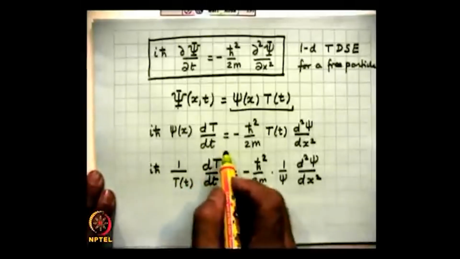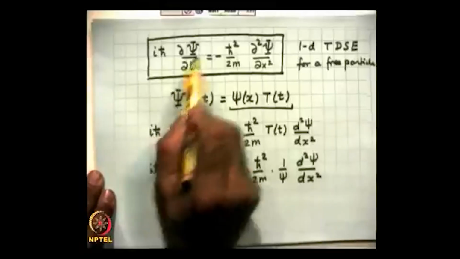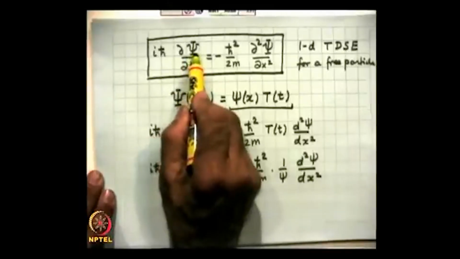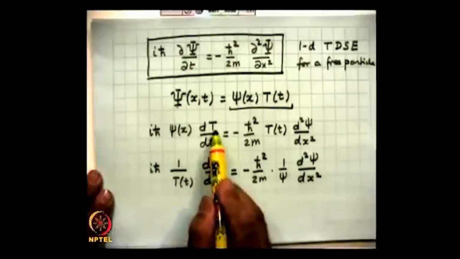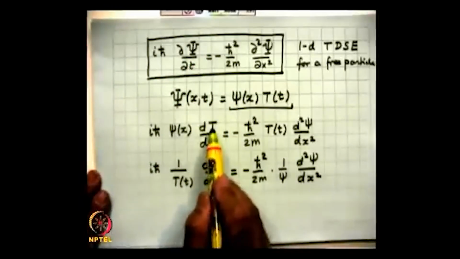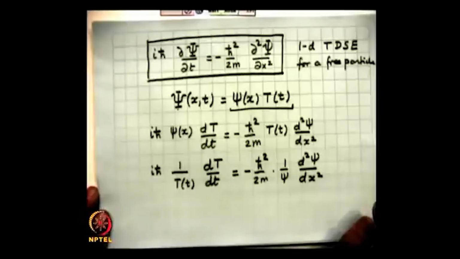You must realize that in this equation we have partial differentials, because capital psi is a function of x and time, whereas in this equation I am considering the differential of a time dependent function. So, the partial differential is represented by a total differential.